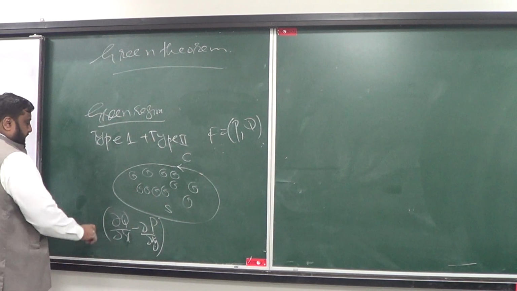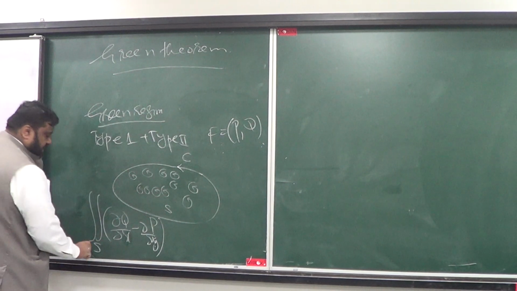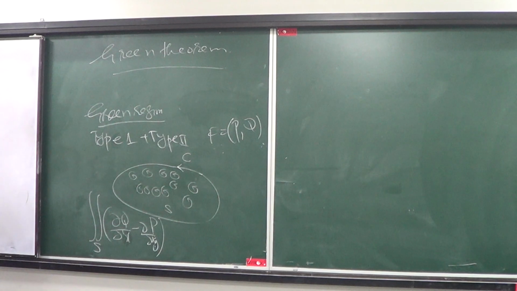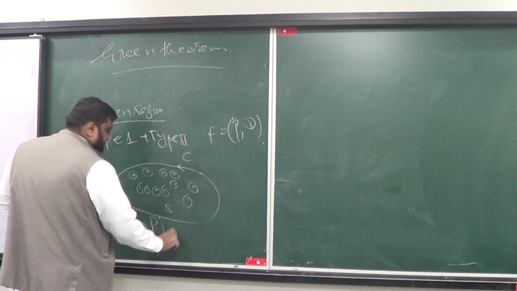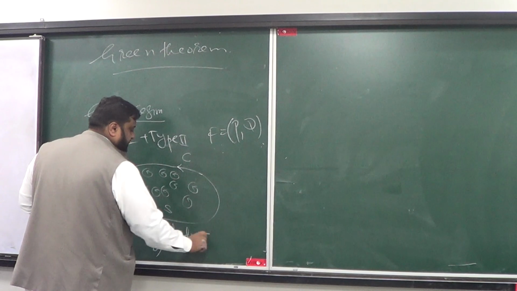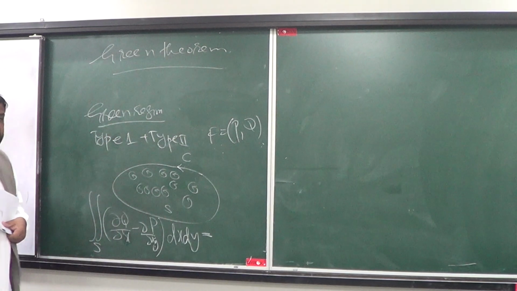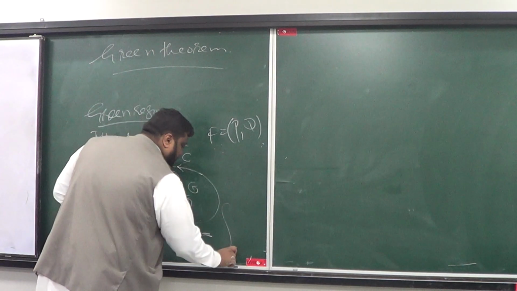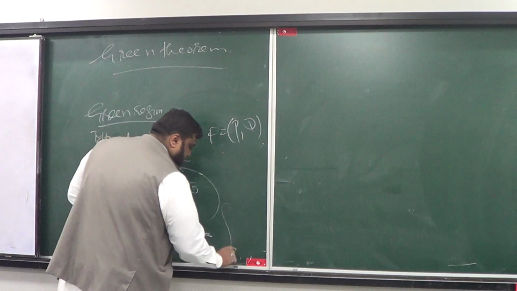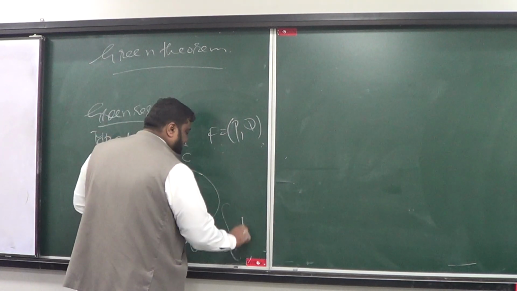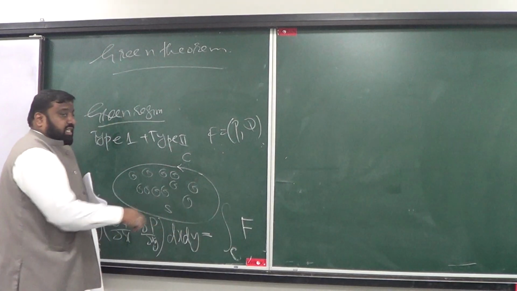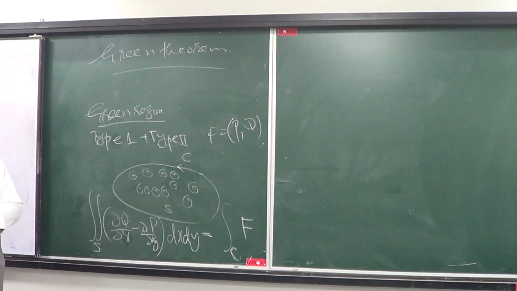And then you're saying that if you combine them all in the given region, what are you going to get? You're going to get the global circulation of this vector field F around the entire curve.